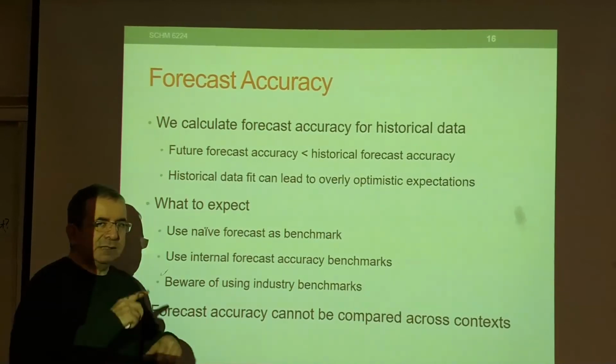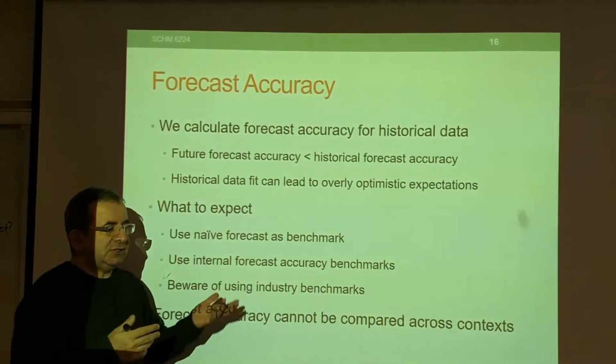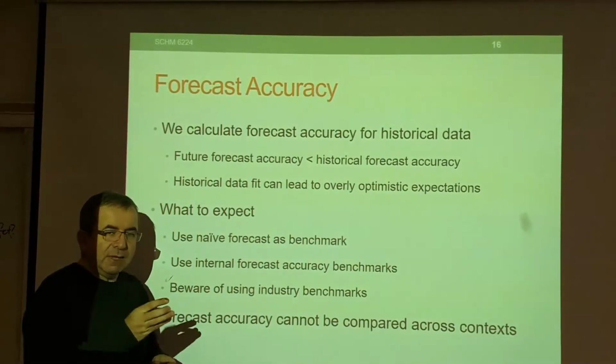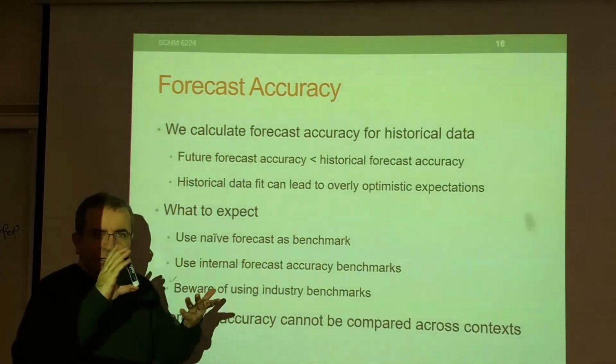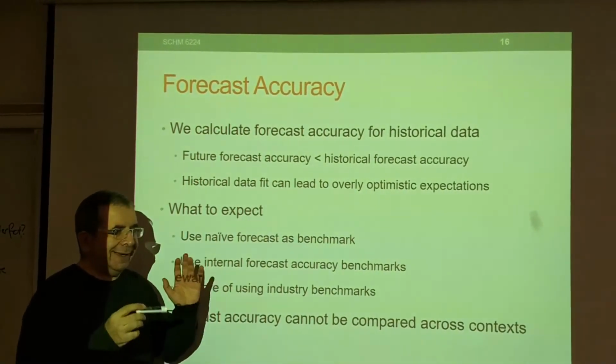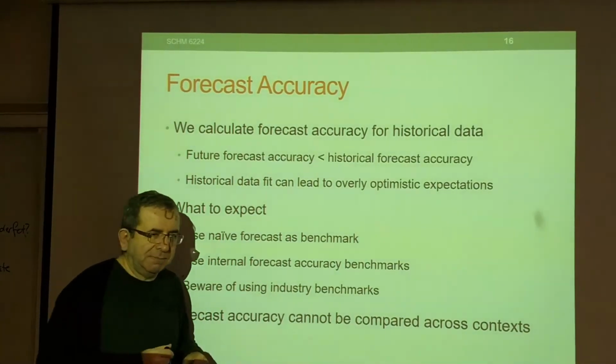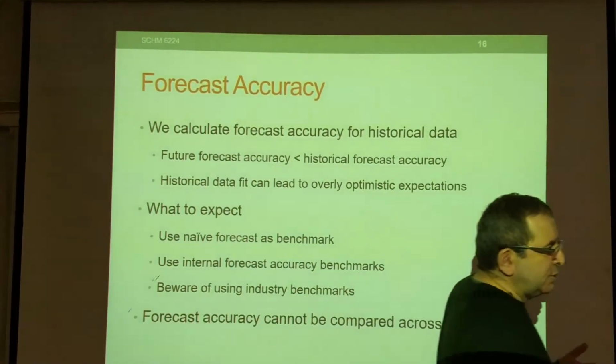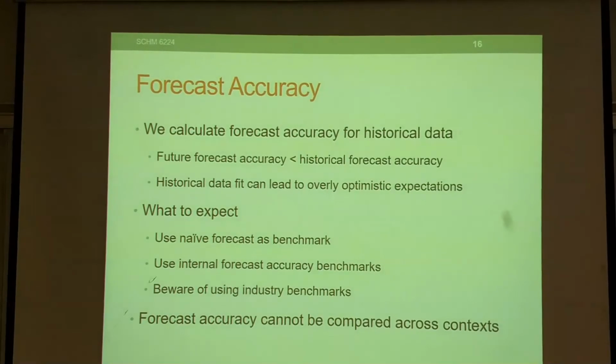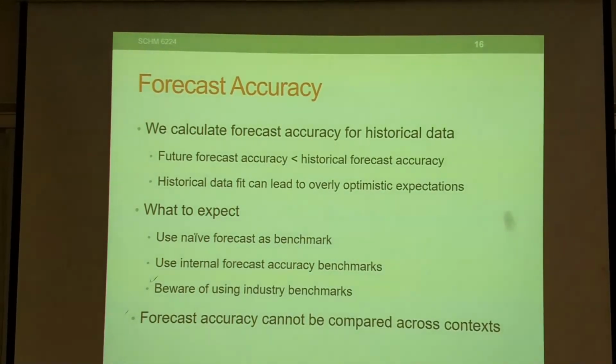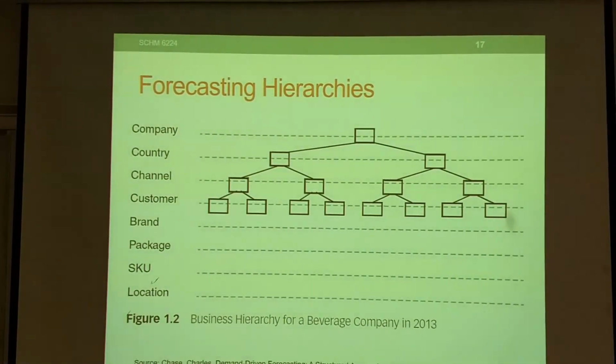So you should not compare, let's say, the marker forecasts with, I don't know, computer forecasts or something like that. You want to make sure that your forecasts are similar enough.